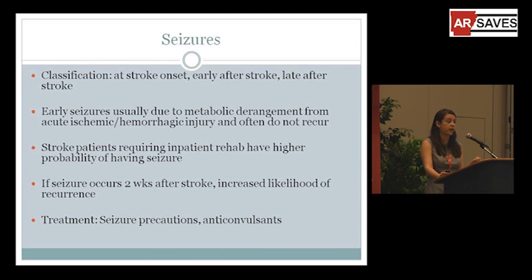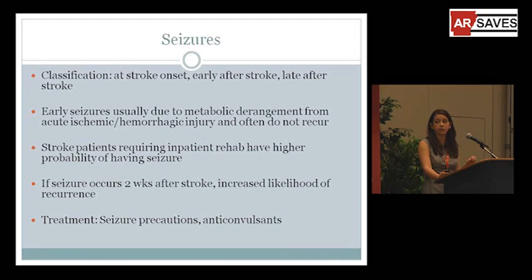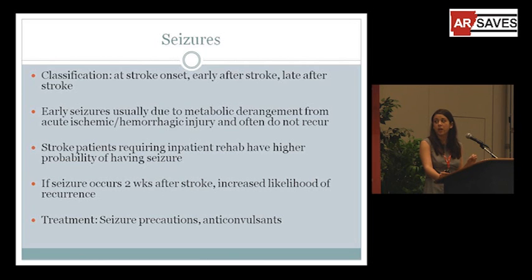Stroke patients who require inpatient rehab are usually more likely to have some kind of seizure or develop post-stroke epilepsy, and this is usually because these patients have a more severe deficit after stroke or a more severe stroke. If the seizure occurs within the first 2 weeks after stroke, it is more likely to recur. So if you have an early onset of seizure after a stroke, you are more likely to develop long-term post-stroke epilepsy.